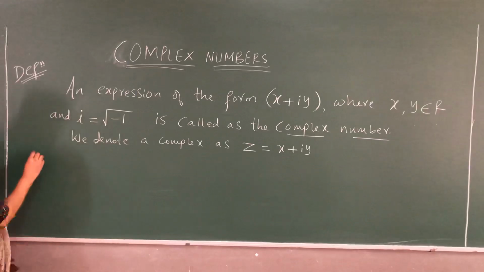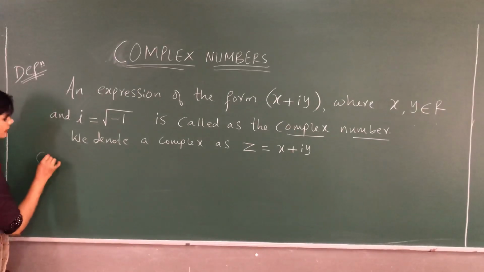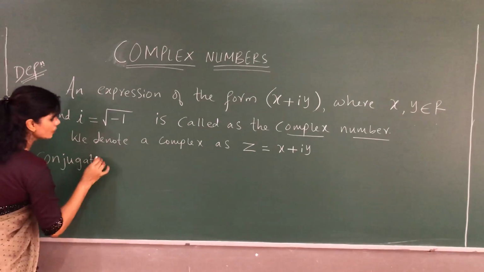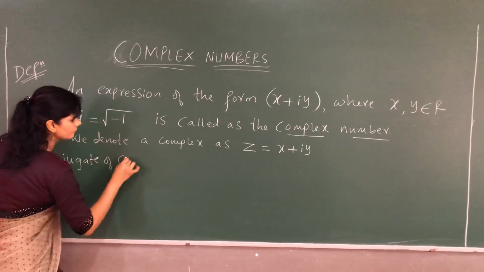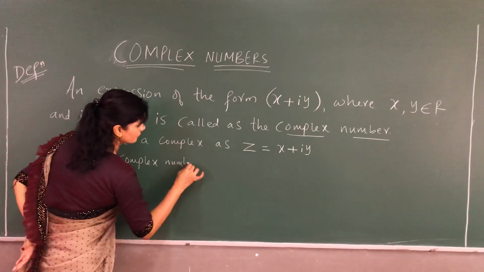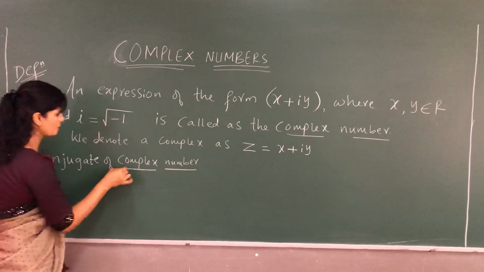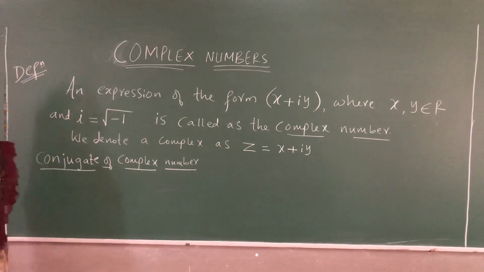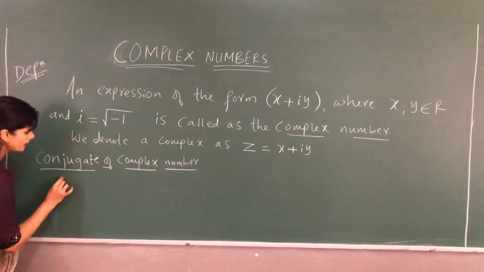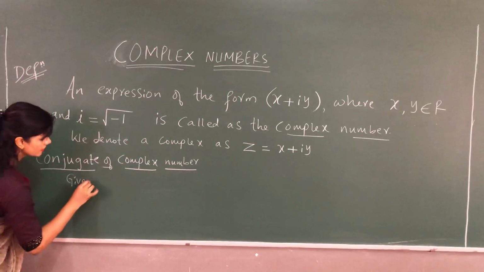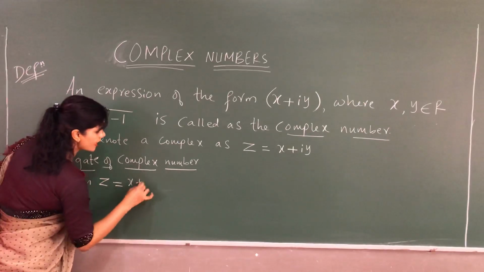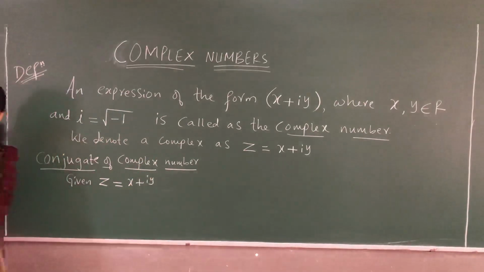Z is equal to x plus iy is called a complex number. Now let us move on to what we mean by the conjugate of a complex number. The conjugate of a complex number is defined as follows. Suppose z is equal to x plus iy is our complex number, children.